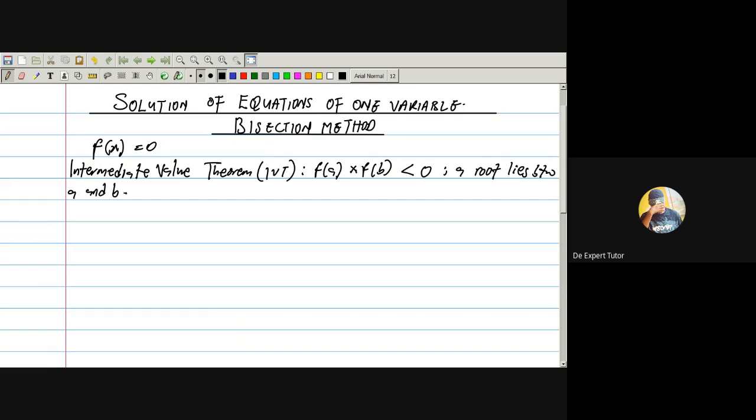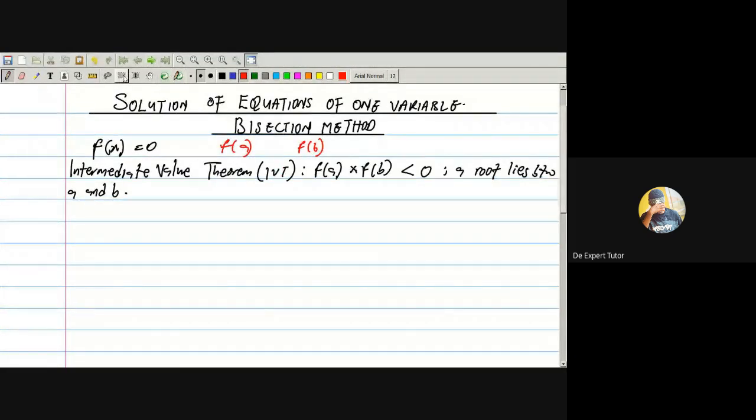Let me give you an example. If this is your polynomial, f of x equal to 0, and you have two values a and b, you substitute a, you get f of a. You substitute b, you get f of b.